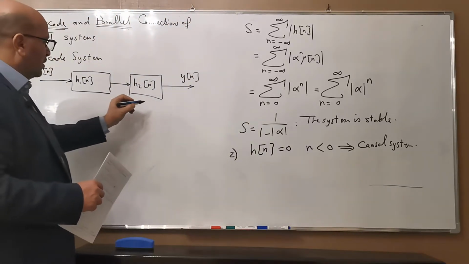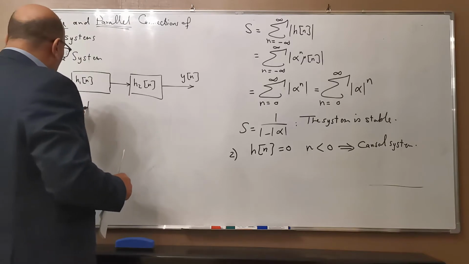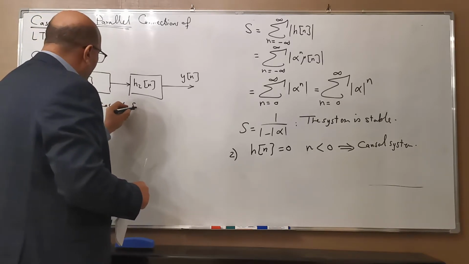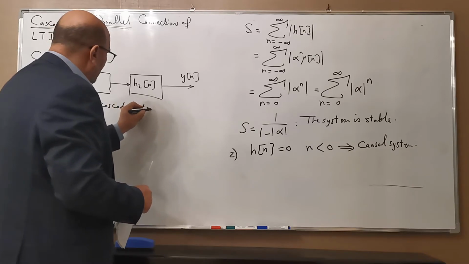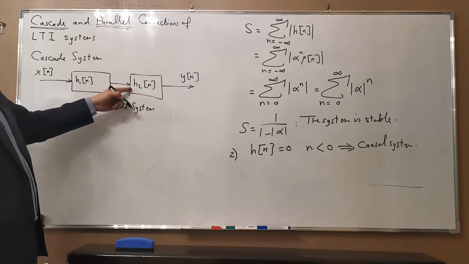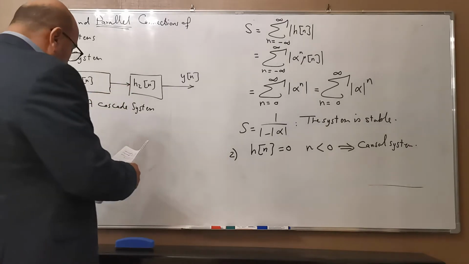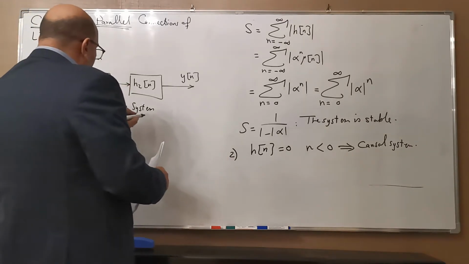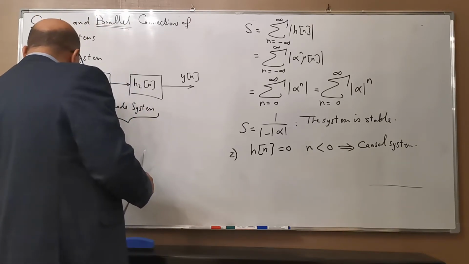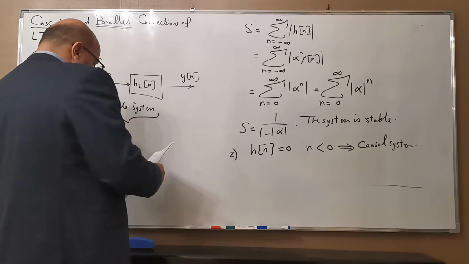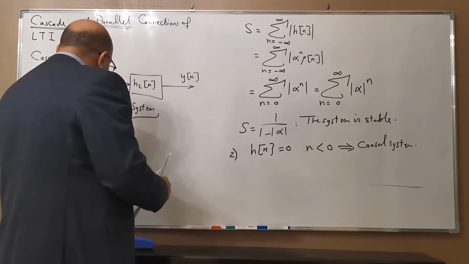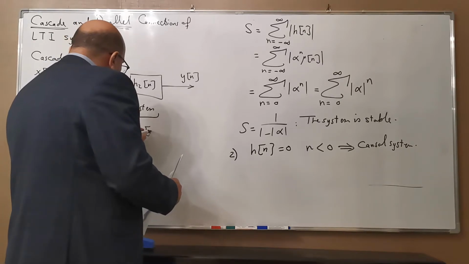So this is what we call a cascade system. Okay. The output of the first one is the input to the second one. Okay, in such a system, the whole h of n of both of them is the convolution of h1 of n convolved with h2 of n.